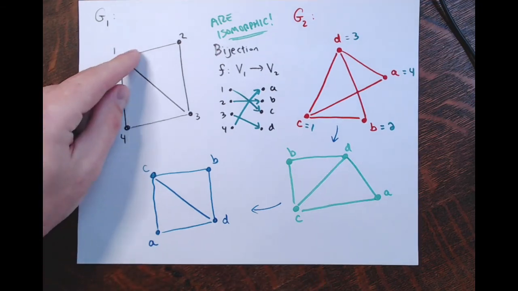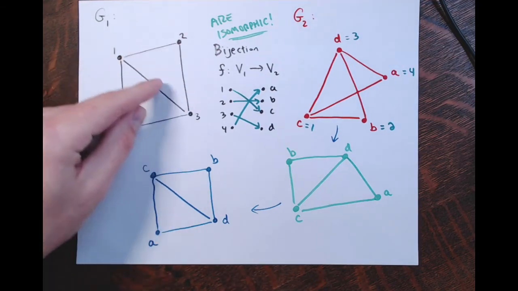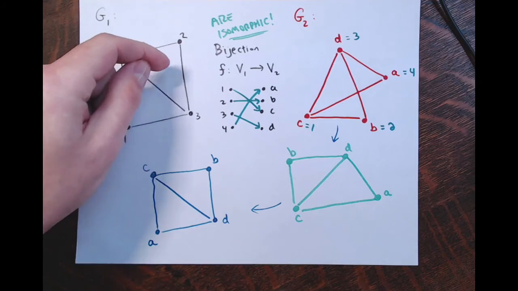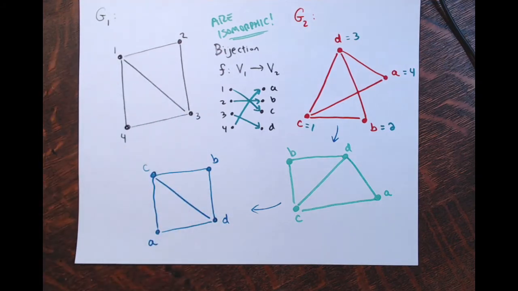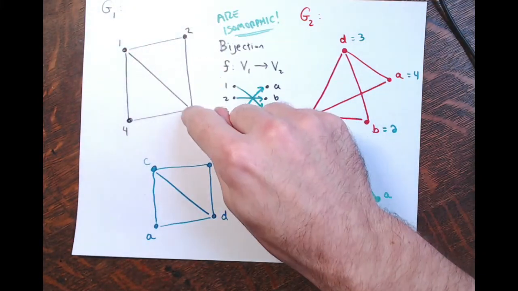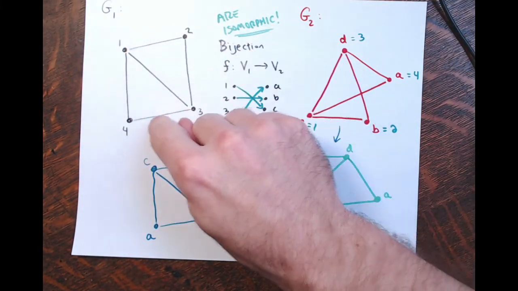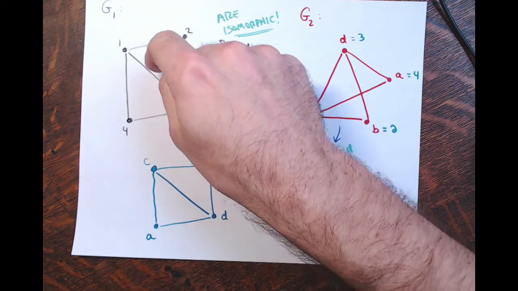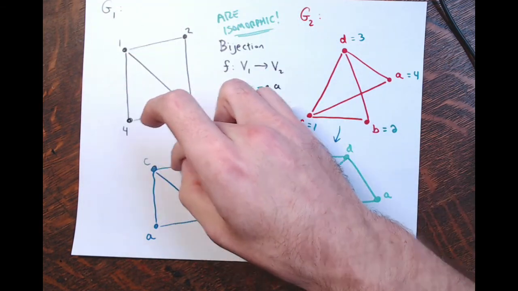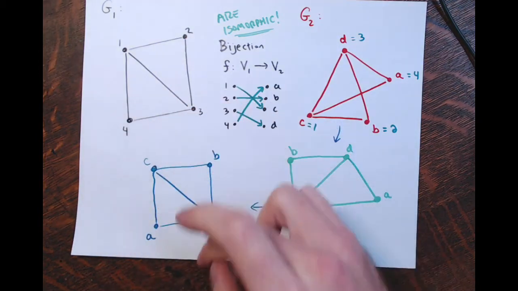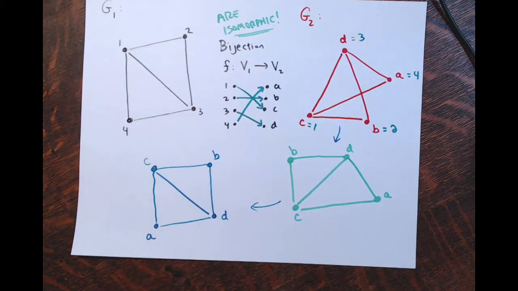A triangle up here, 3 edges that form a triangle, should correspond to 3 edges that form a triangle in the other graph. These 4 edges form a square or a 4 cycle. So those same 4 edges should correspond to 4 edges down here that also form a 4 cycle, a 4-sided figure or a square. The structure should be preserved.